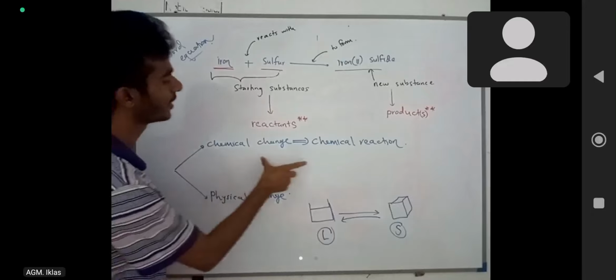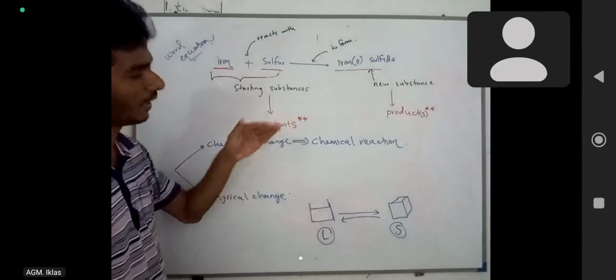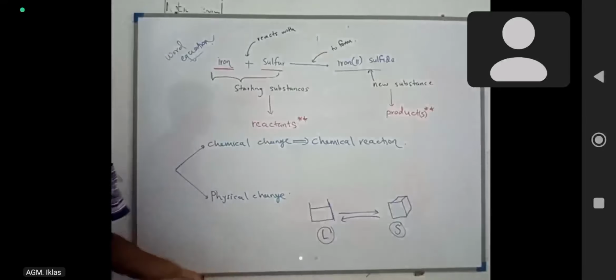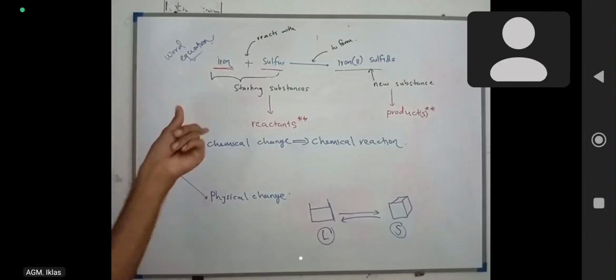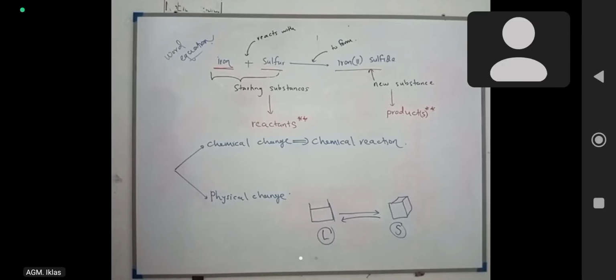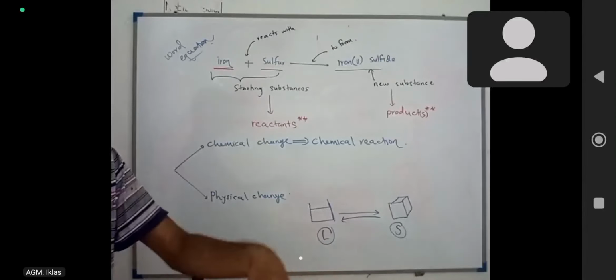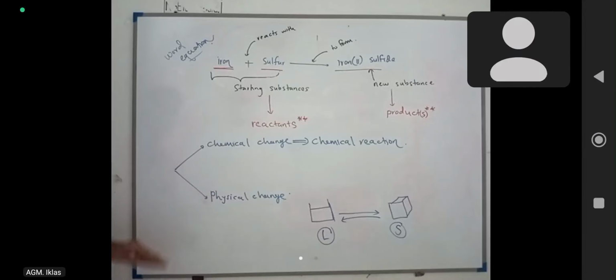First one, chemical change. Second one, physical change. If you want, you can write like this, otherwise you have to read everything. This one will be easy for you, and you can refer to your book for further notes. It's like short notes.